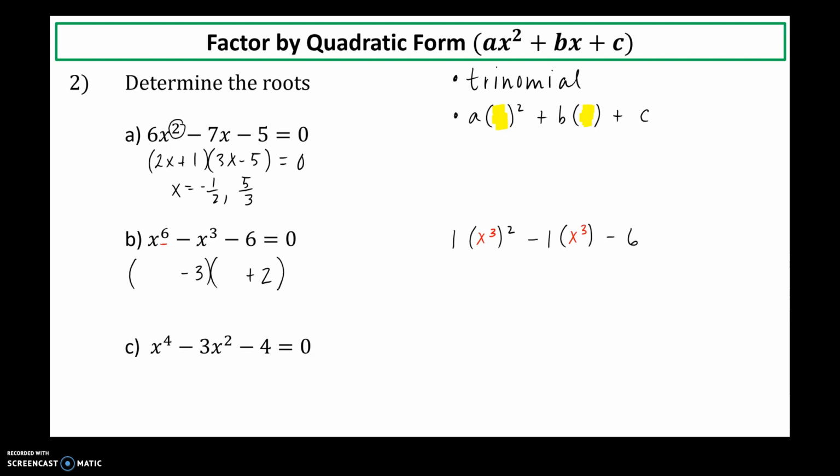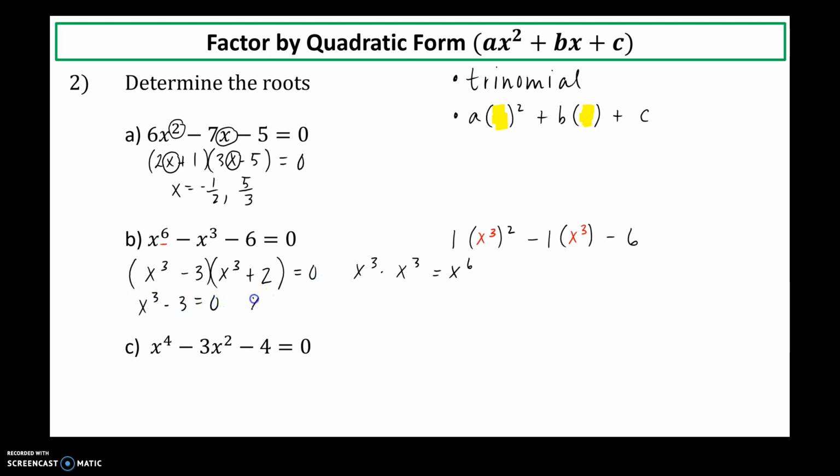But now check out what the first terms have to be in the factors. The first terms in the factors is always going to be whatever the degree of your middle term is. So this is going to be x cubed times x cubed, because how do I get x to the 6th power? X cubed times x cubed, I add those exponents together. Now when I go to solve, I use the exact same method.